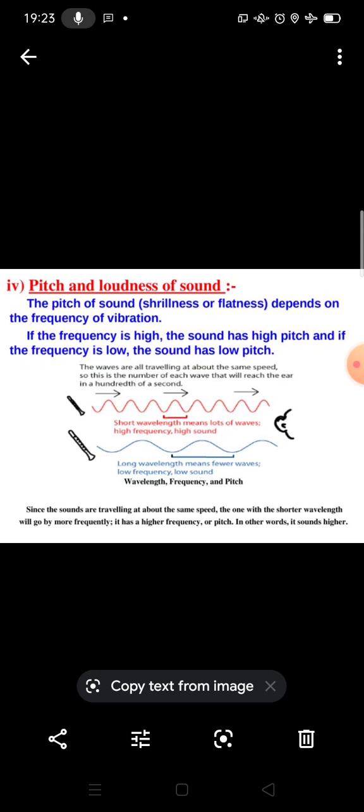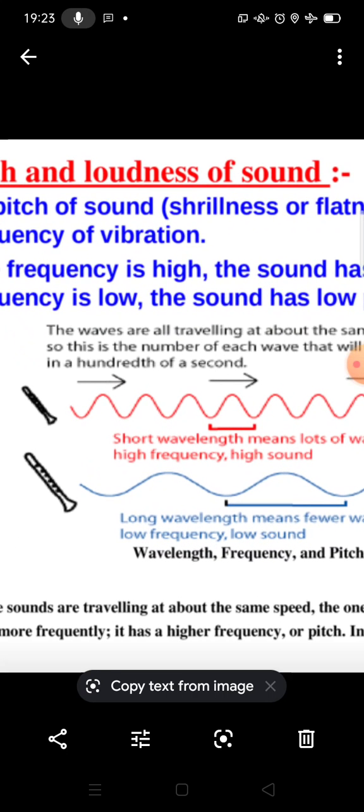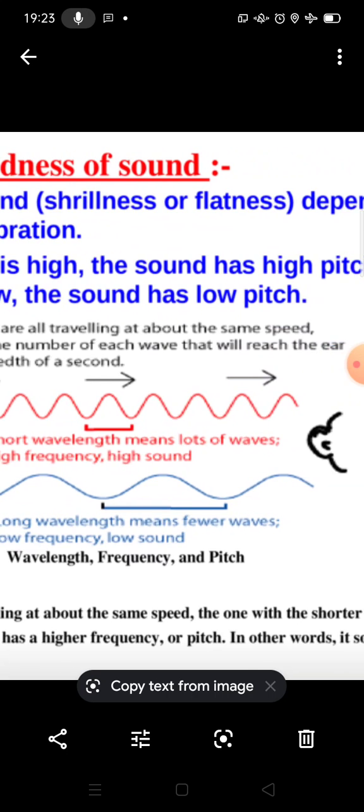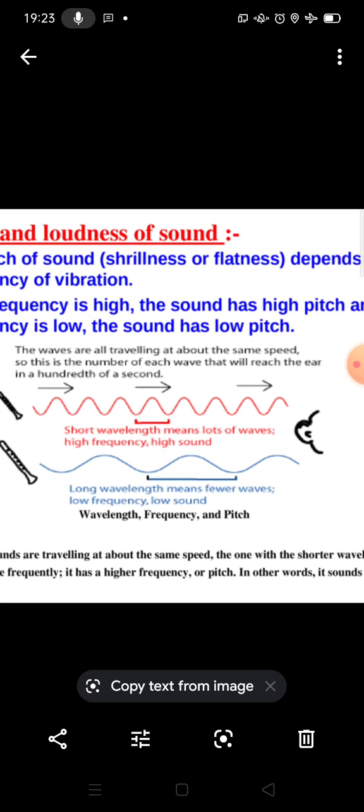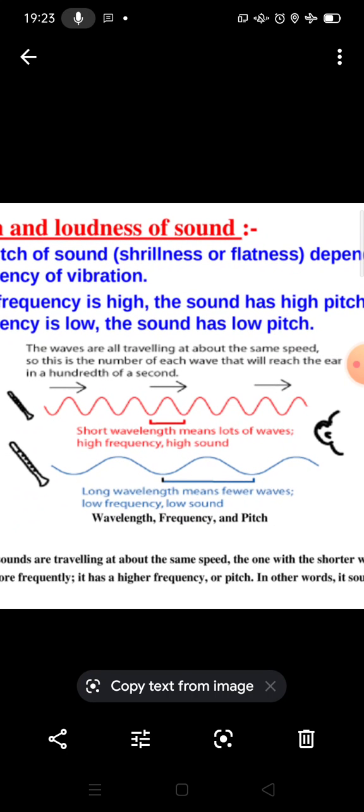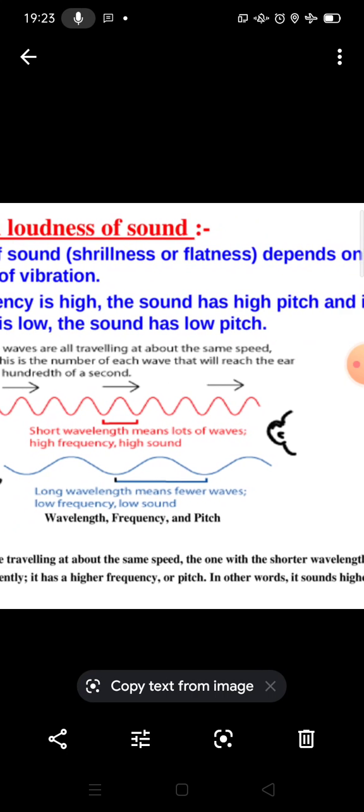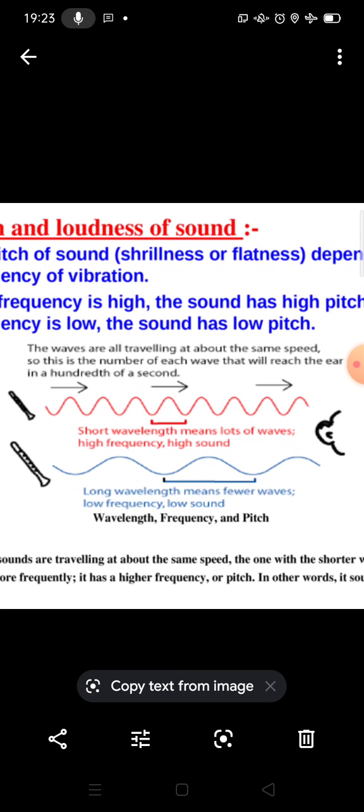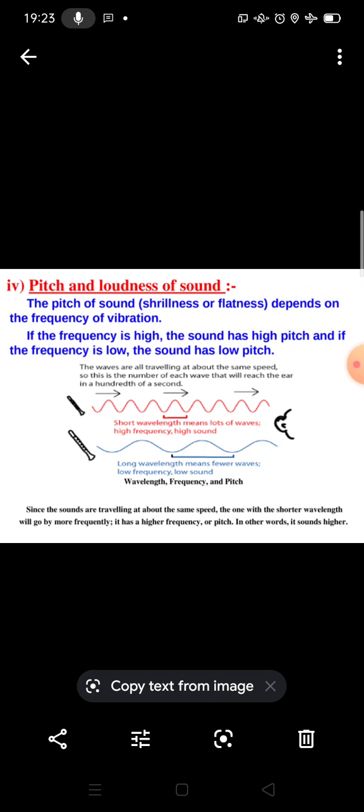If the frequency is low, the sound has low pitch. You can see the diagram. Okay, the waves are traveling at about the same speed. This is the number of each wave that will reach the ear in one hundredth of a second. Short wavelength means a lot of waves, high frequency, high sound.